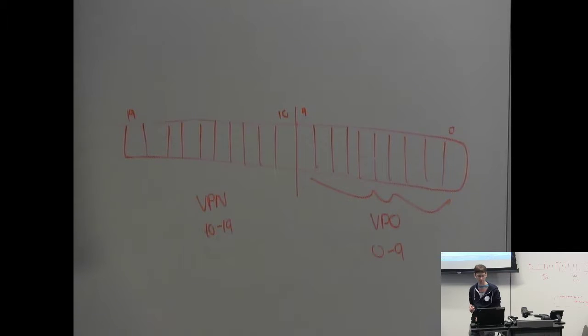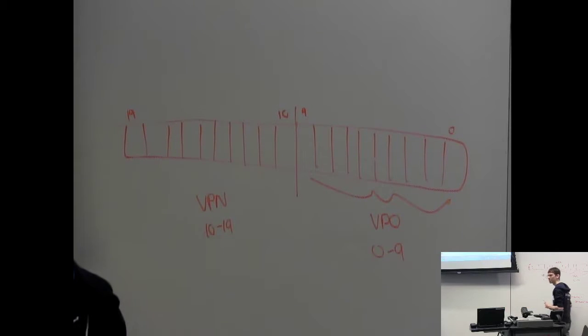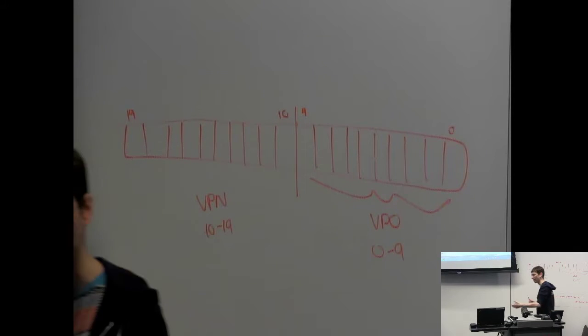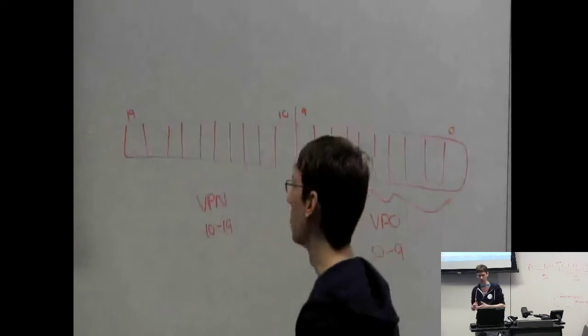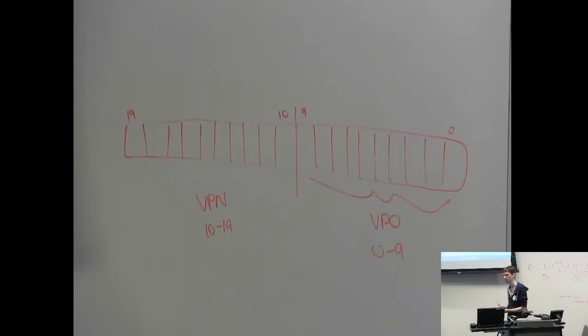Okay, so if we have 8 sets, how many bits do we need for the index? Very similar to what you did before. 3. Right, just log base 2. Anytime you need to address n things, log base 2 of n is how many bits you need to address n different things.